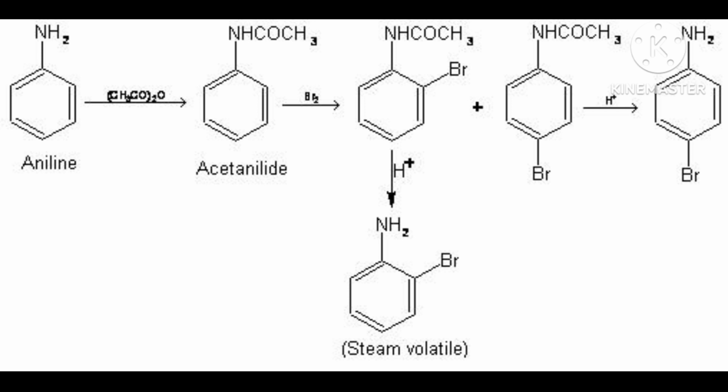Now what is the role of H2SO4? This OH minus will go to the benzene ring, near a carbon. Every carbon in the benzene ring has one H. The H will leave the carbon as H plus, because OH has a negative charge and attracts it.